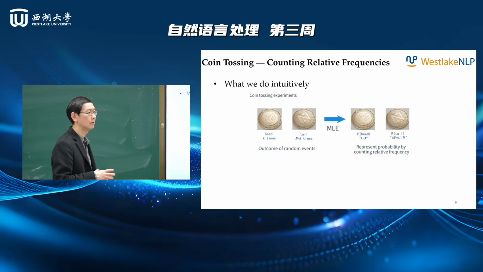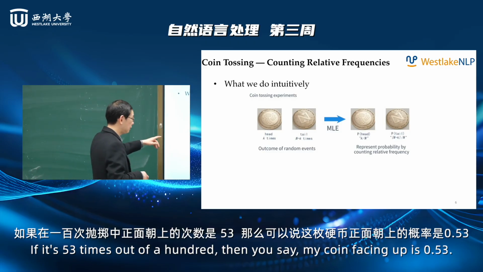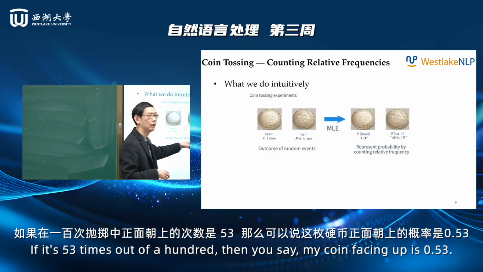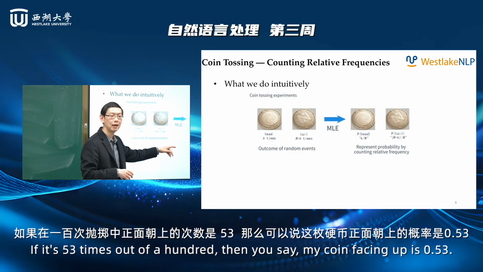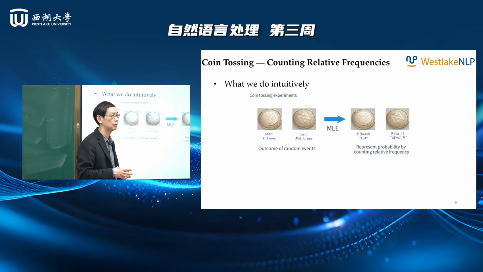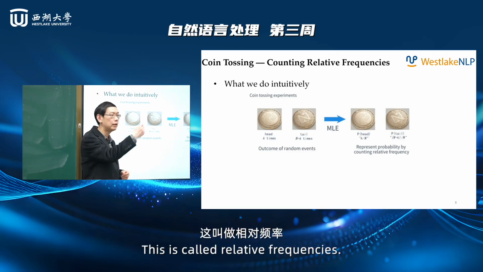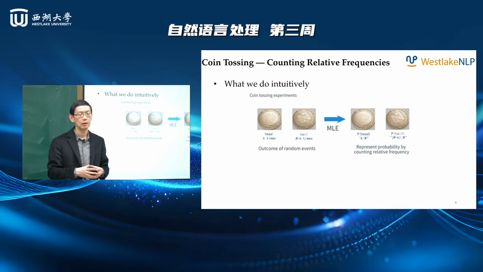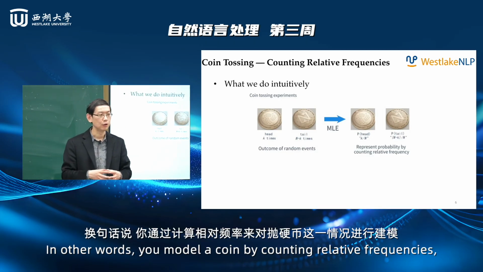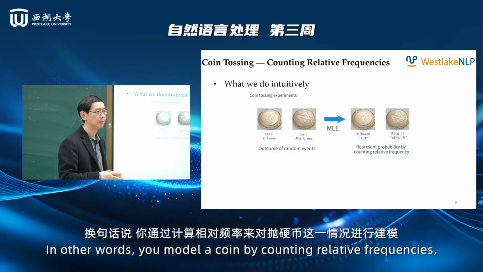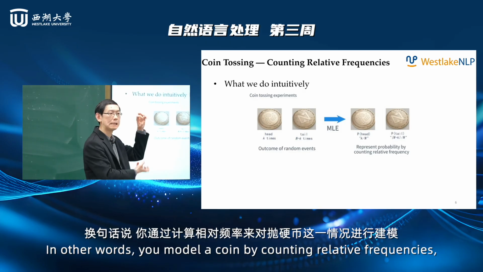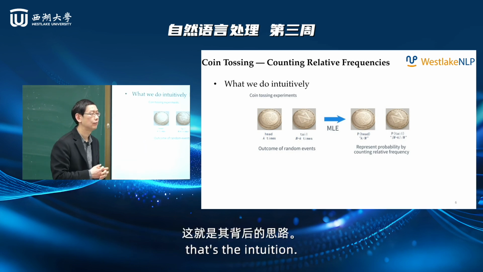If it's 53 times out of 100, then you say the probability of my coin facing up is 0.53. This is called relative frequencies. In other words, you model a coin by counting relative frequencies. That's the intuition.